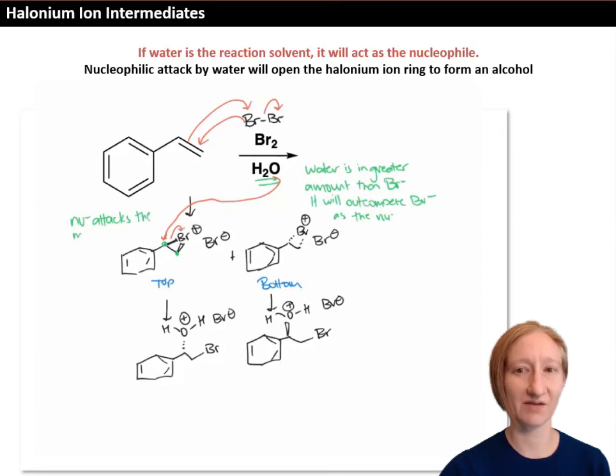In the last step, a base comes in, and that base could be another molecule of water, and that base deprotonates the hydrogen from the cationic oxygen to give the product. This sequence of steps will happen for each stereoisomer, meaning the reaction will result in the formation of both enantiomers of the product.